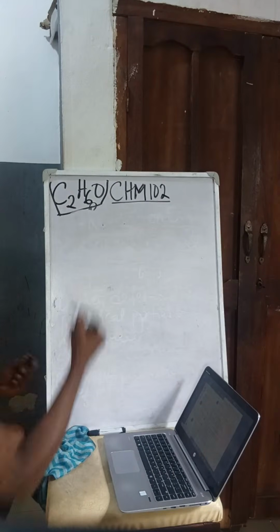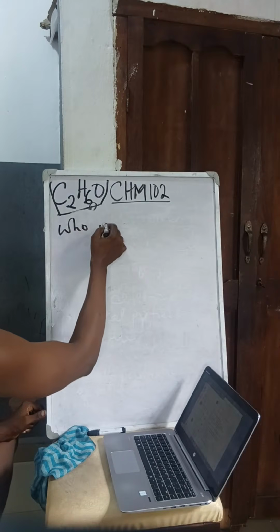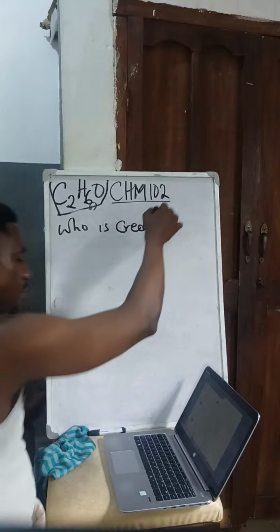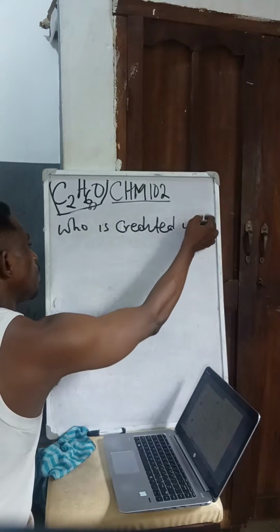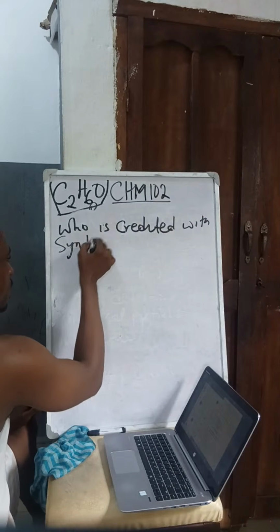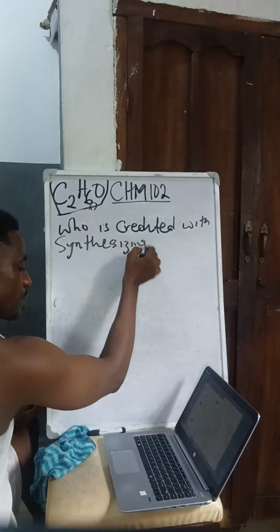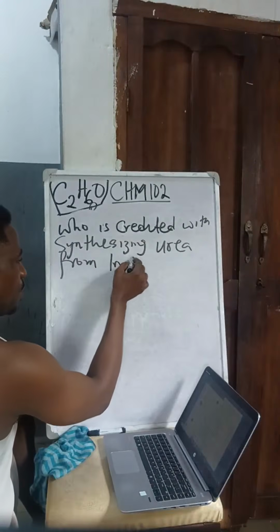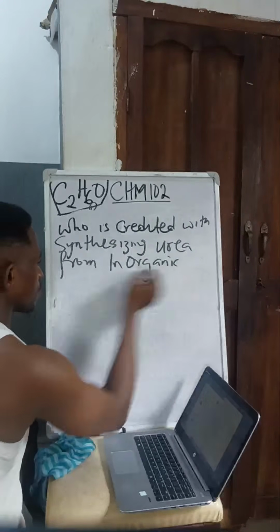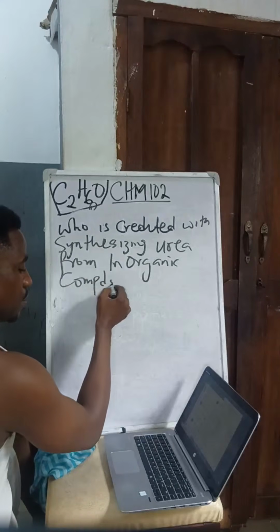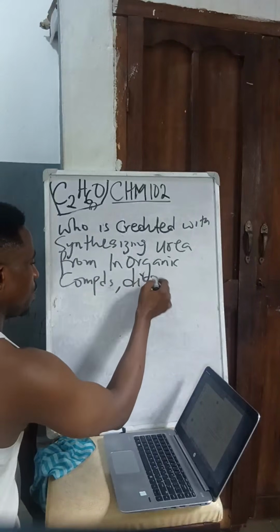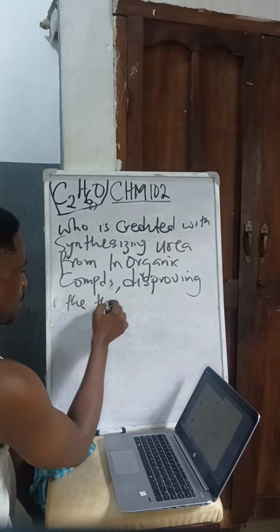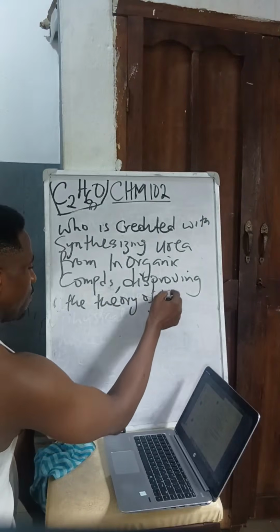Who is credited with synthesizing urea from inorganic compounds, disproving the theory of vitalism?